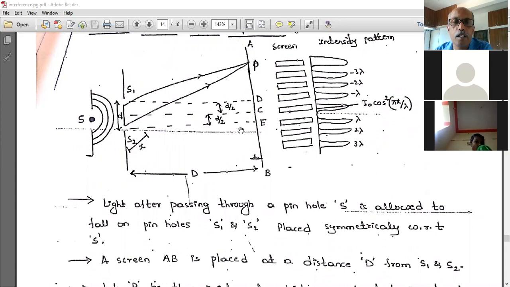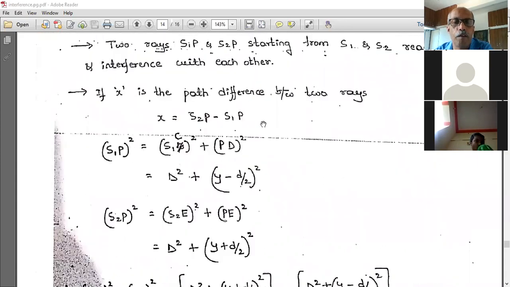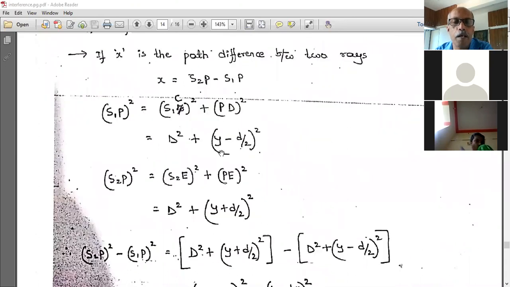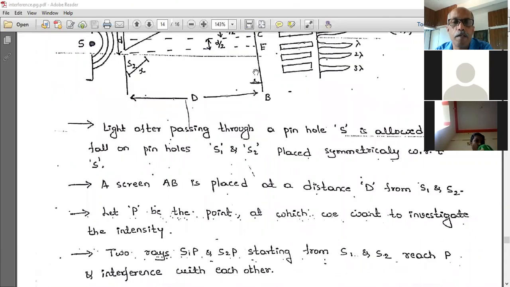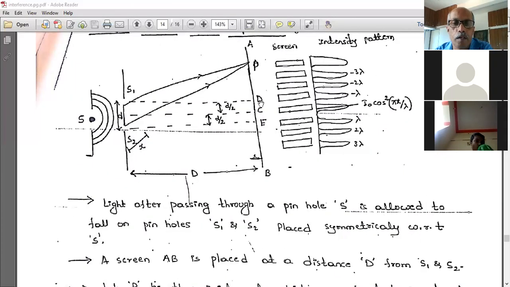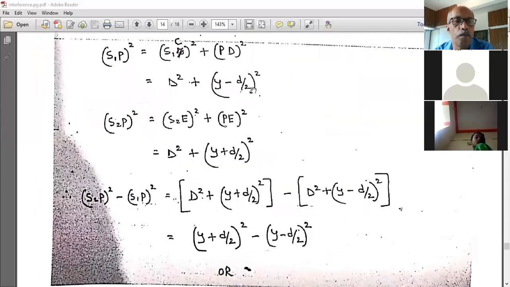Now, the distance from the center of the screen, that is C, to point P is taken as y. The distance PC is y. Therefore, from the figure, PC is y, CD is d by 2, and PD is y minus d by 2, whole square.